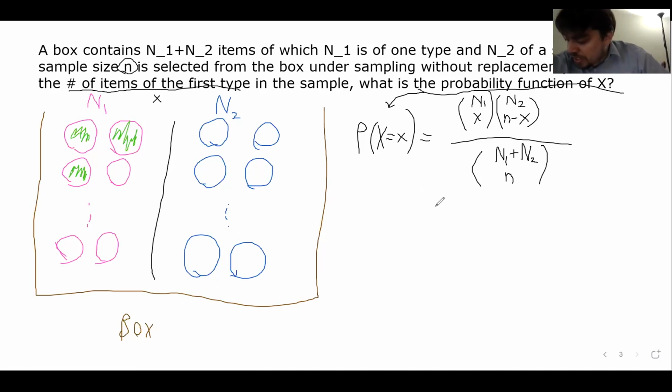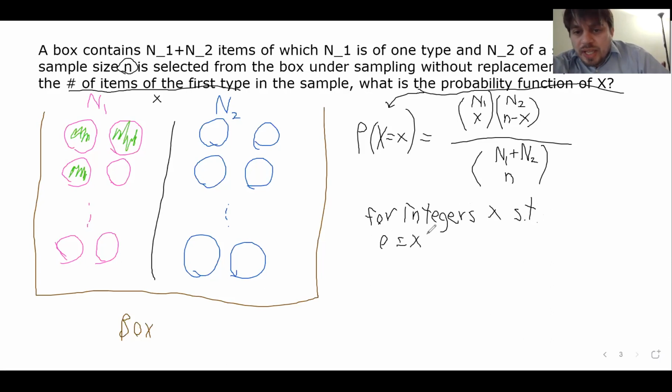The conditions on little x are that, and this is for integers little x, such that 0 is less or equal to x, less or equal to n, where n is the total number of things that you choose, and 0 is less or equal to little x, less or equal to capital N1.